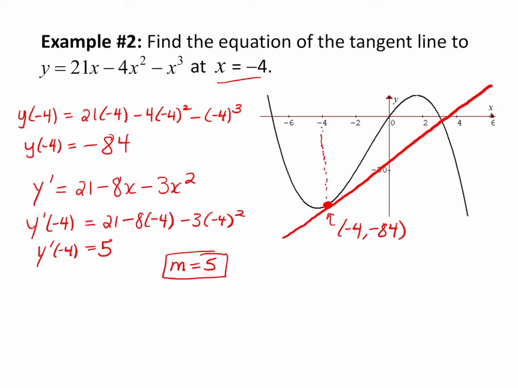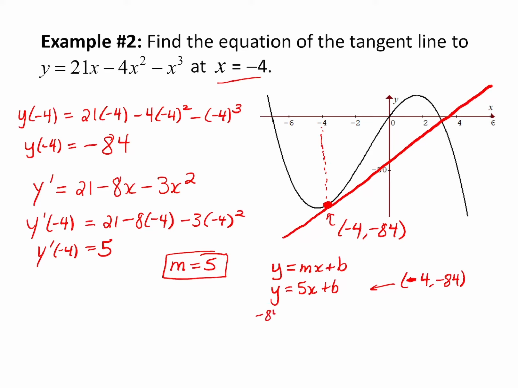So now we have the slope is 5, and we have the point -4, -84. So now we can look at our y equals mx plus b, and say, okay, well, we now know that m is equal to 5, so we have 5 times x plus b, and now we can substitute in our point, -4, -84, to calculate out our b.